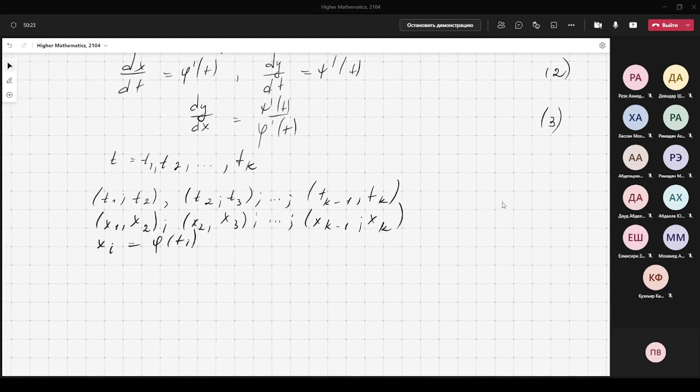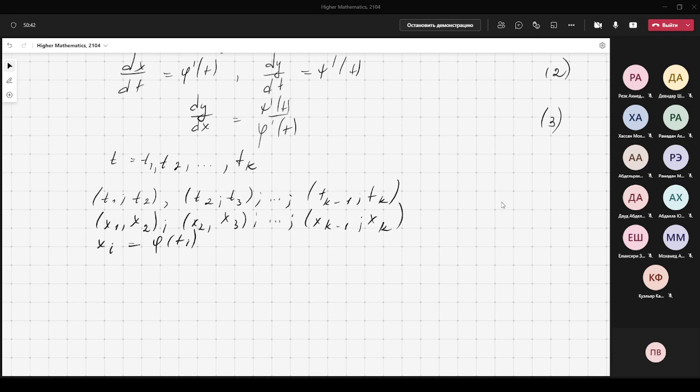In this way, determining the domains of increase and decrease, we likewise determine the character of points that correspond to the values of the parameters t first, t second, etc.